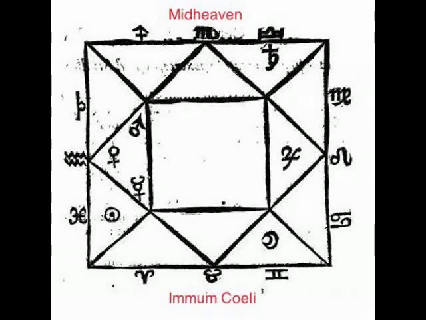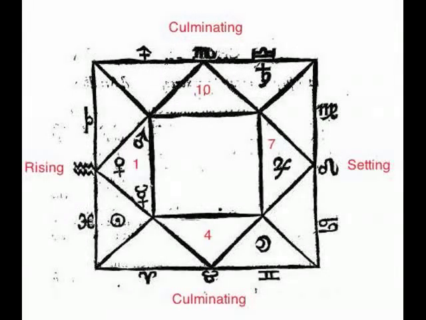In the southern hemisphere, north and south are reversed. These 4 points are the essential coordinates of a square chart, which depicts them set at right angles to each other. These denote risings, settings, and culminations.